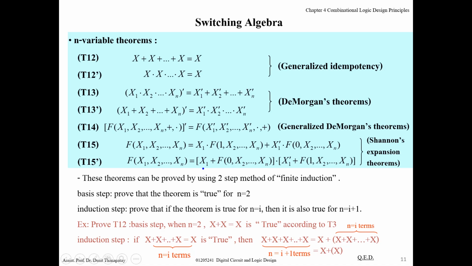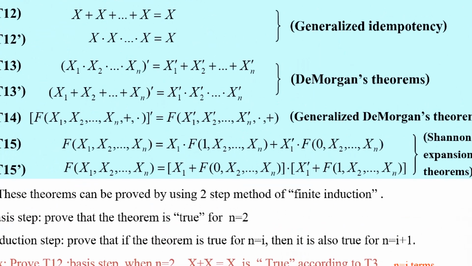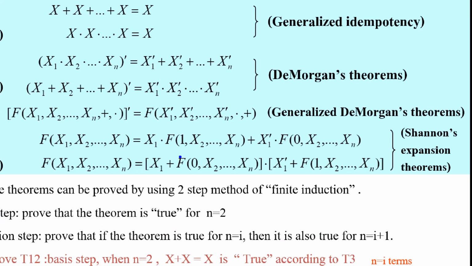Furthermore, there is the Shannon's expansion theorem. For any function with x1, x2, and so on to xn, you can write the expression of the function by expanding about some variable.